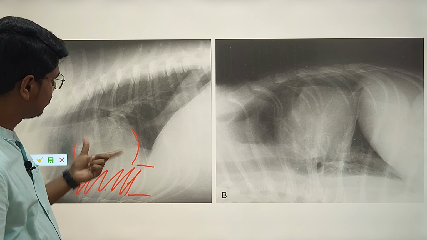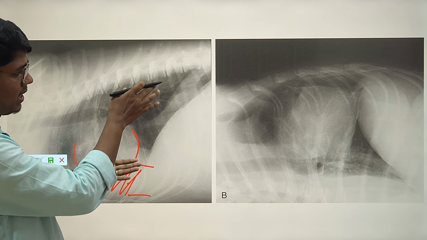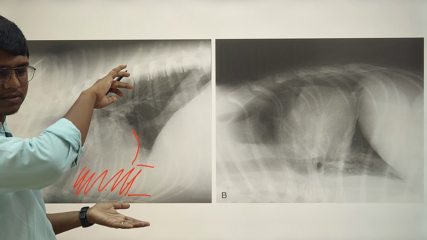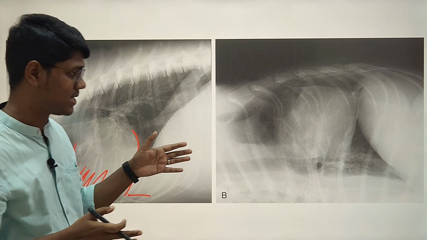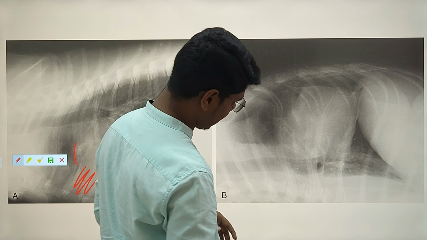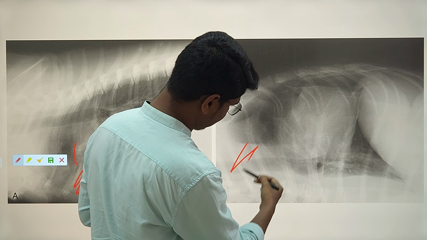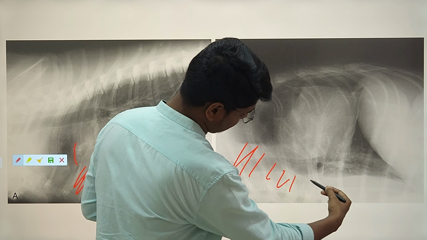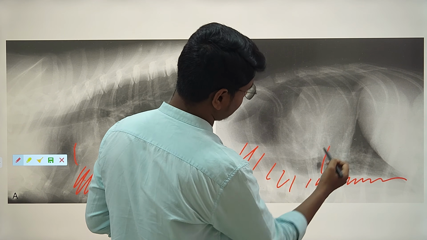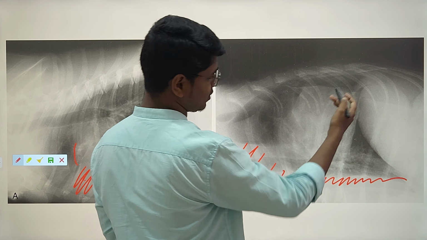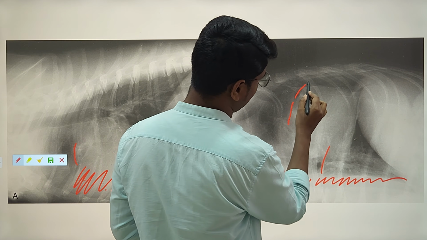Okay, so what you can do, you will flip the animal into dorsal recumbency and orient the beam horizontally. What happens now? Now the fluid has been accumulated here. Can you see the fluid? This is fluid. This is a fissure here. Now on the ventral surface, you can clearly see the heart.